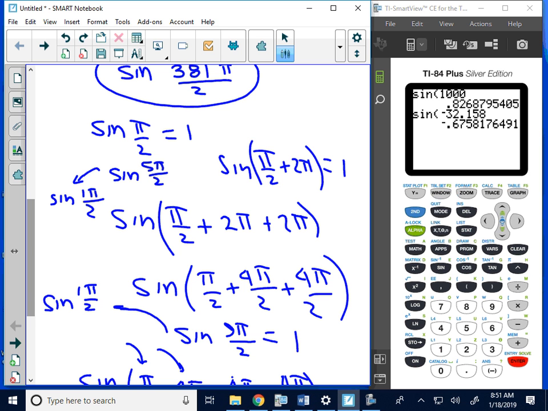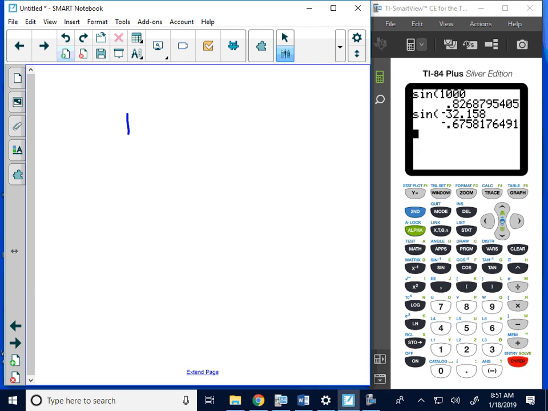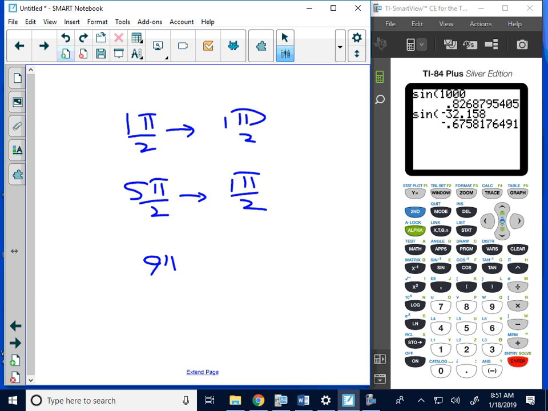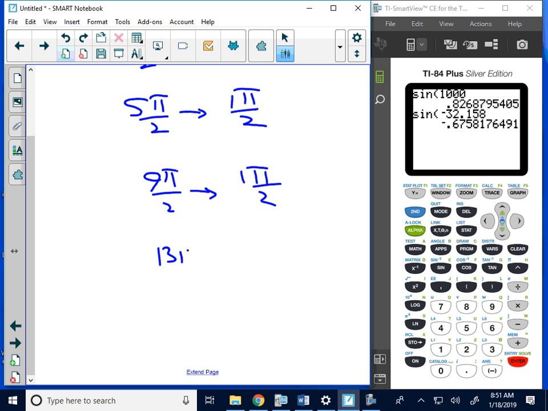What's going on here? Let me just write down those numbers. 1 pi over 2 turns into 1 pi over 2. 5 pi over 2 turns into 1 pi over 2. 9 pi over 2 turns into 1 pi over 2. Right? 13 pi over 2 turns into 1 pi over 2.